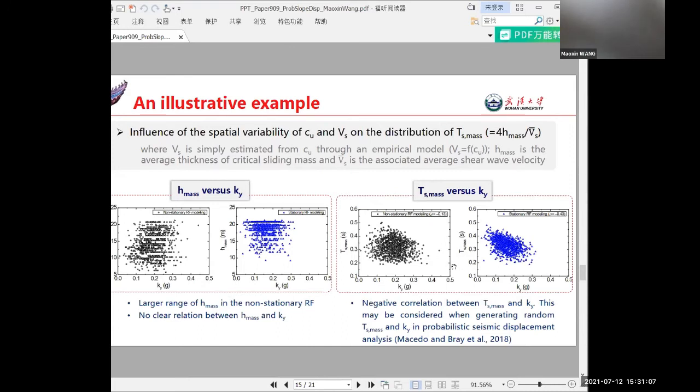Specifically, the correlation for the stationary RF model is stronger, 0.43. Such correlation can be used to generate the random samples of TS mass and KY in the probabilistic analysis.